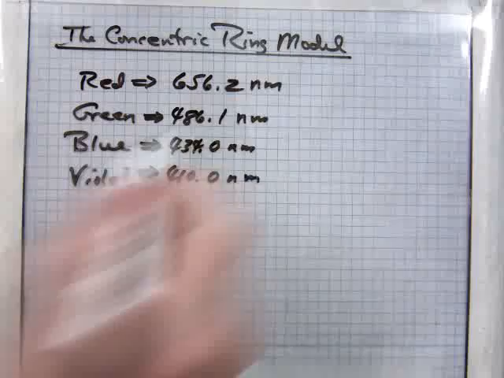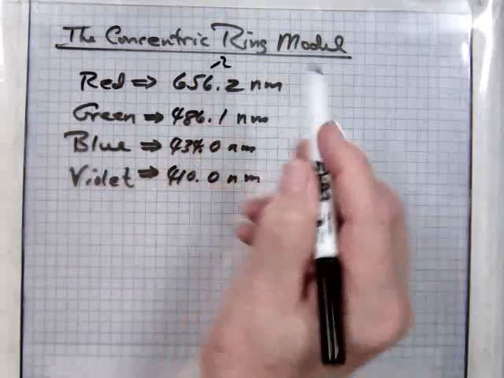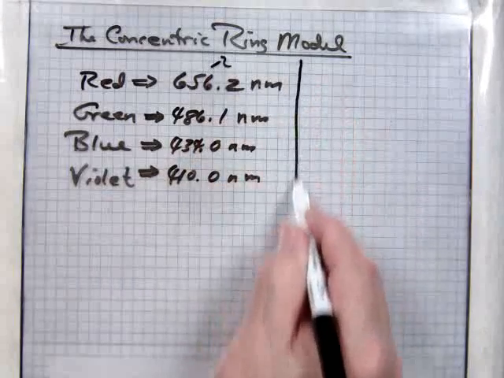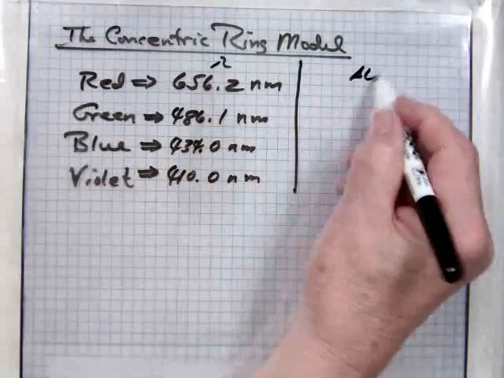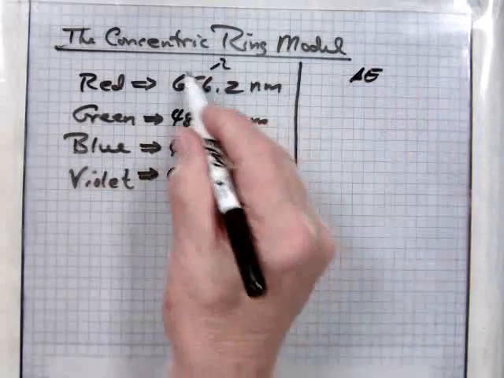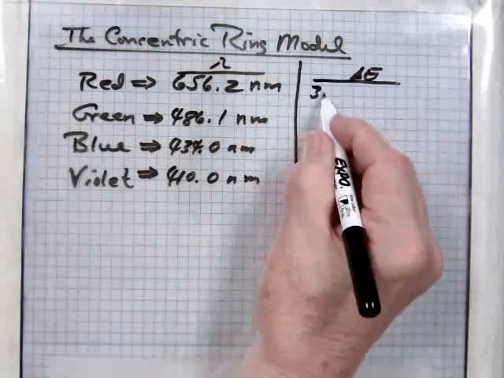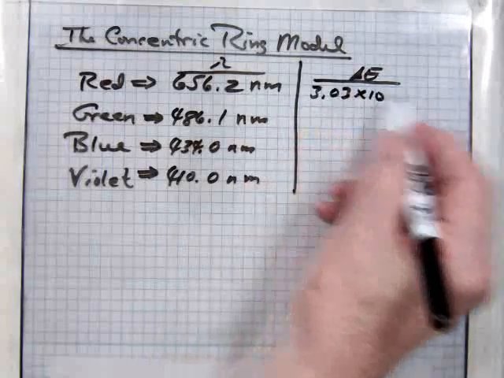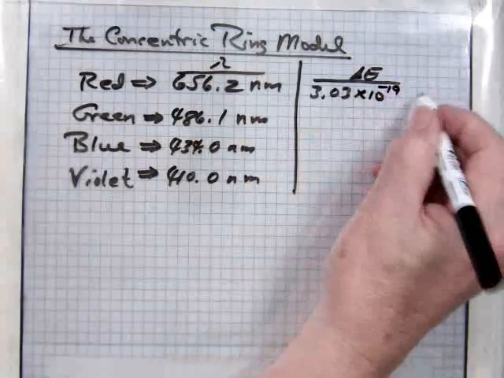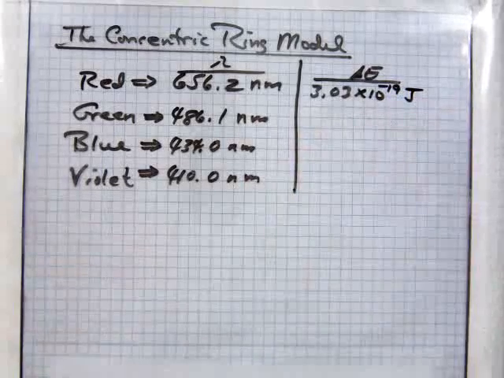Now these, of course, are your wavelengths. Now, calculating the energy for each one of these, we came up with 3.03 times 10 to the minus 19th of a joule for that one.